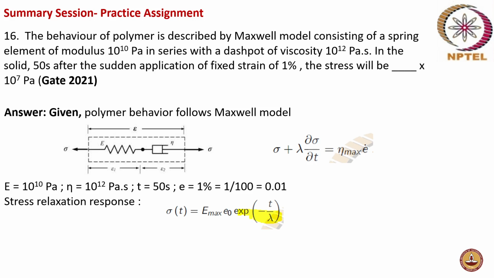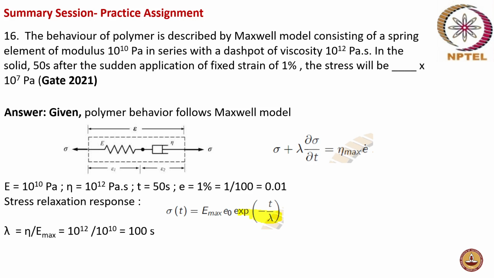Lambda is your relaxation time, eta by E max, which is 10 power 12 by 10 power 10, so it is 100 seconds. And they have given t, which is 50 seconds.